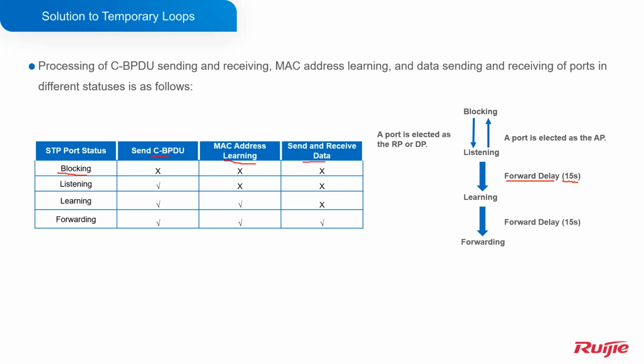So if we have a port in the blocking state and want to activate it to forward data, we need to wait at least 30 seconds. This is one of the shortcomings of Spanning Tree, which we will introduce later.